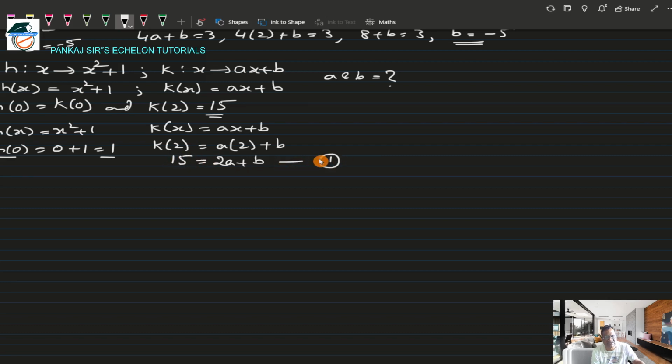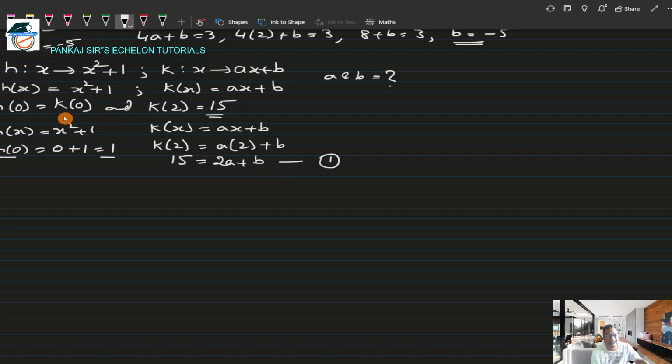This is one equation I got. Because there are two variables, I will need two equations for solving this simultaneous equation. If there are two variables in linear equation, you require two equations. I've got only one so far, so let me hunt for the other one.